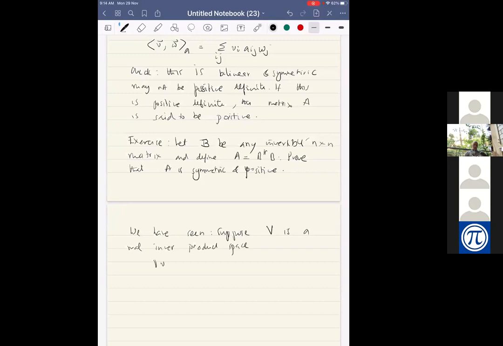We define the norm of V to be the positive square root. We saw d(V,W) equals the norm of V minus W is a distance. And this follows from the Cauchy-Schwarz inequality.